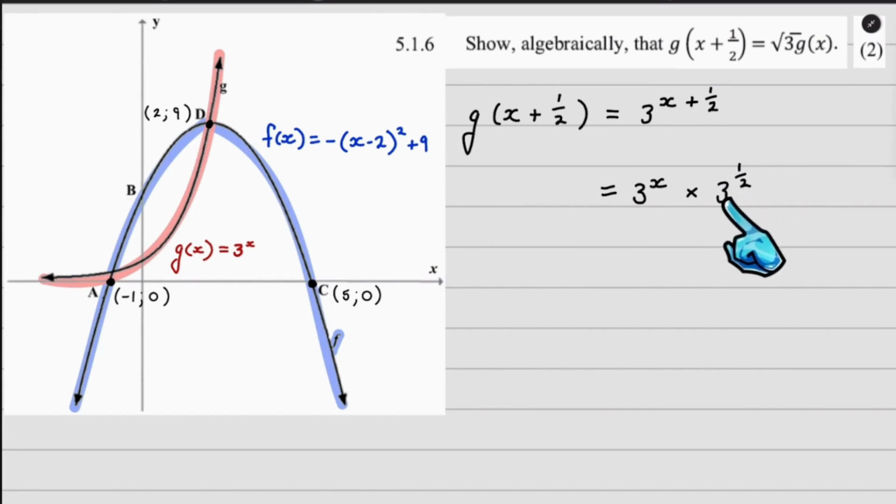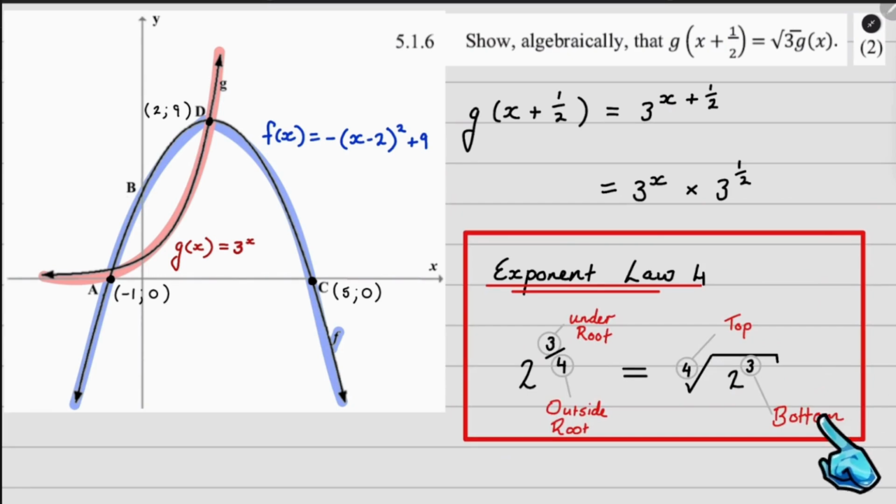Now 3 to the power of a half, we can use an exponent law, or we can just use our calculator to change that. I'm going to use exponent laws to change this. The specific exponent law means we've got to convert this to a surd or a root. And this is how that law works. If I've got something raised to a fraction as an exponent, then this one goes under the root.